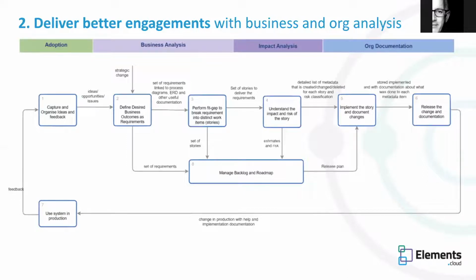Understanding the risk of those user stories is box 4. Implementing those stories, I build, whether it's configure or code, and then releasing them into production, box 6. Going back to the beginning, box 7, using that system in production, and you go around the loop again. Now, I'm not suggesting you have to do all of this in Elements, but these activities you will be doing for your client on an engagement.